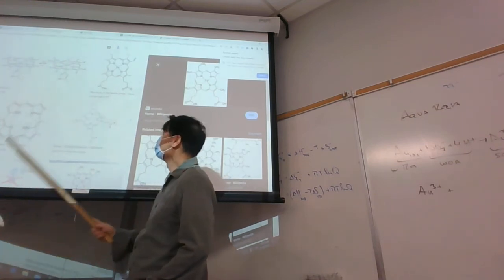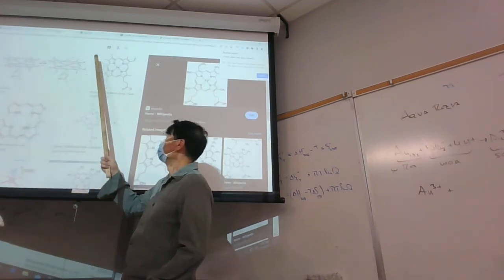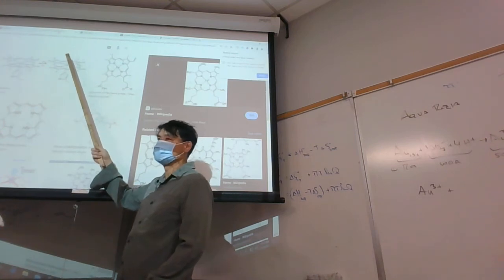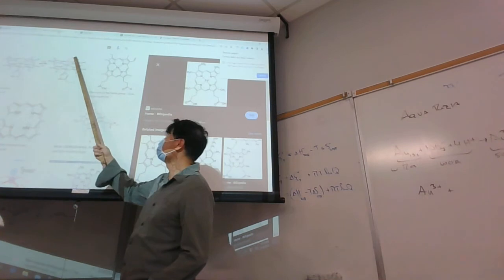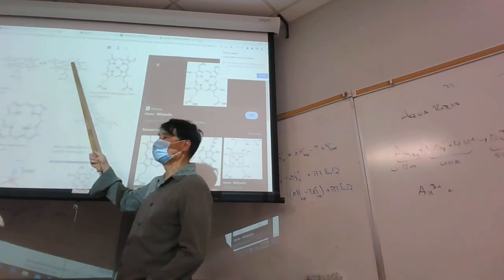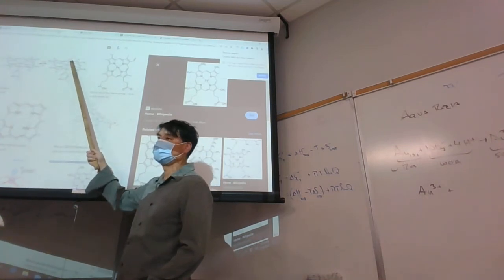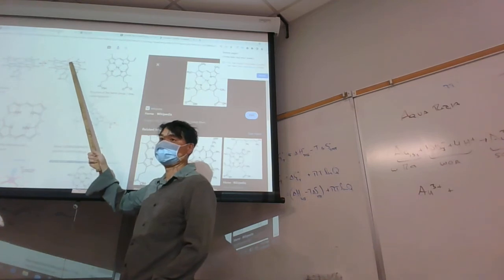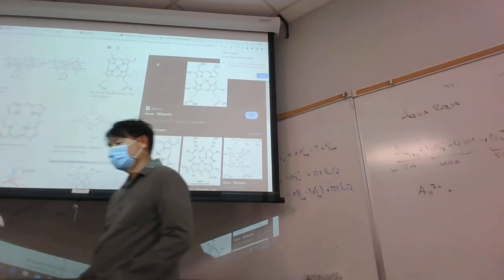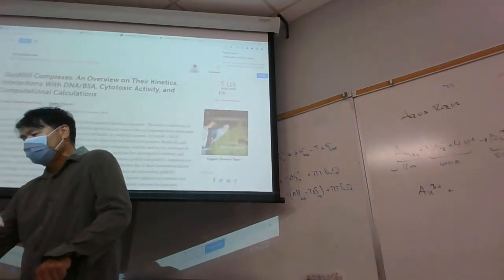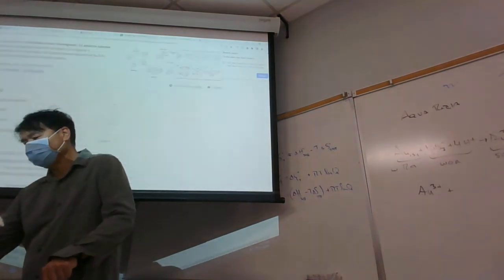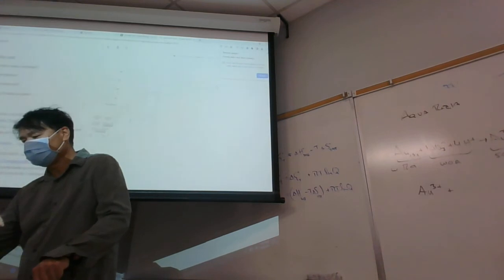Whereas an inert complex has very slow kinetics. Inert just means it's very unreactive. It takes a long time to react. So a cyanyl complex of iron here or carbonyl complex of iron here would be an inert complex, not very reactive. And so that's kinetics here.